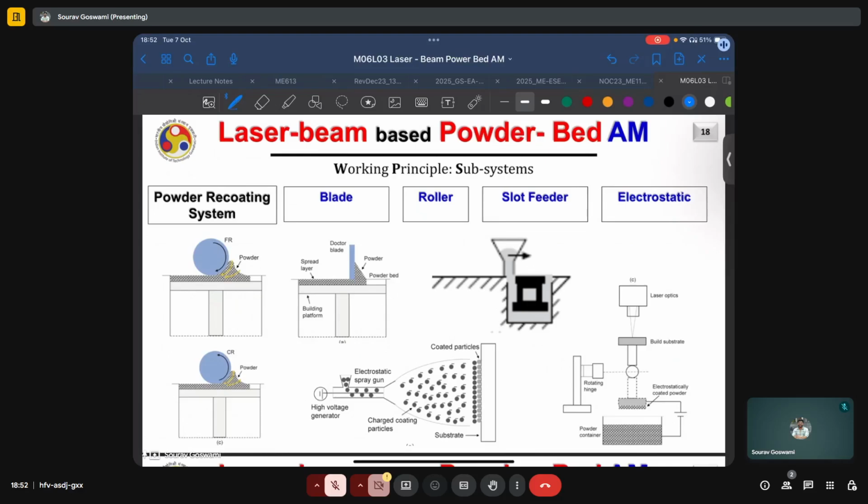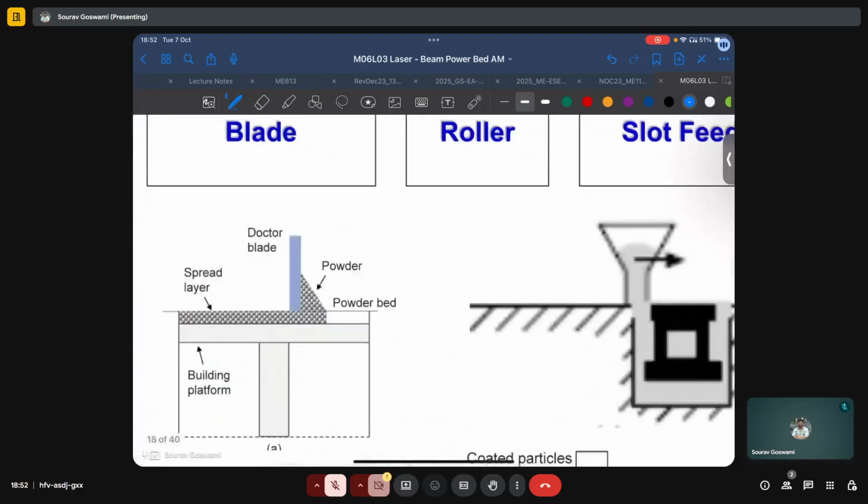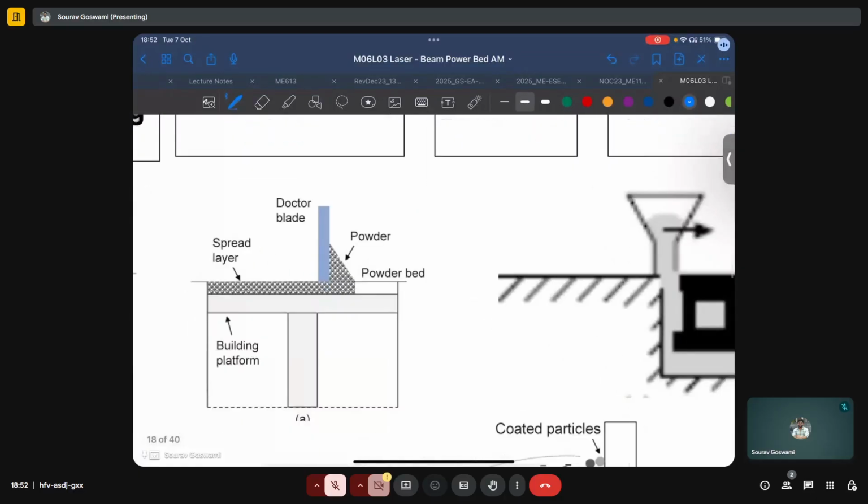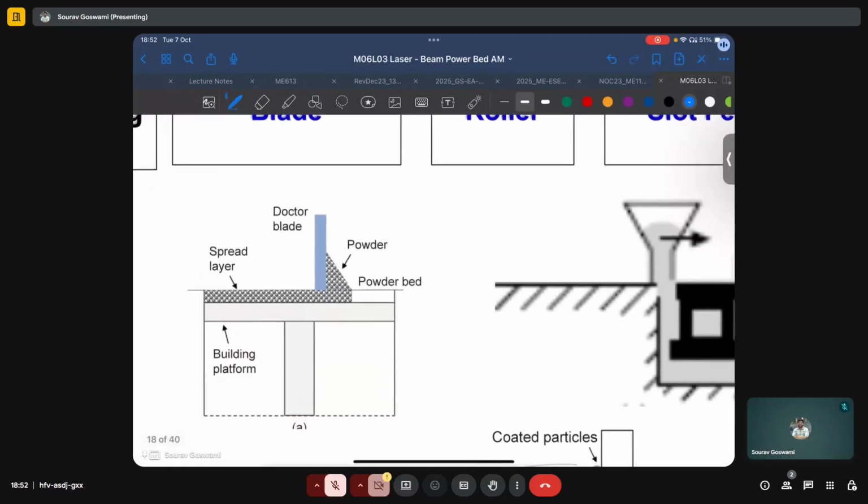The blade type system, such as shown here, again will just consist of, say, a strip of metal which delivers powder ahead of it and is expected to produce a flat layer of powder. Typically, this doctor blade like recoating system tends to have or can handle higher quantity of powder.